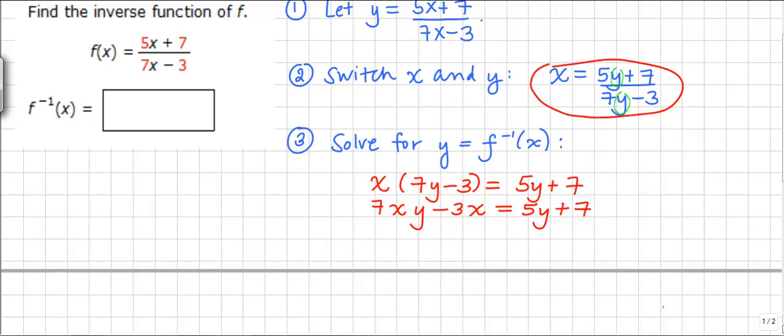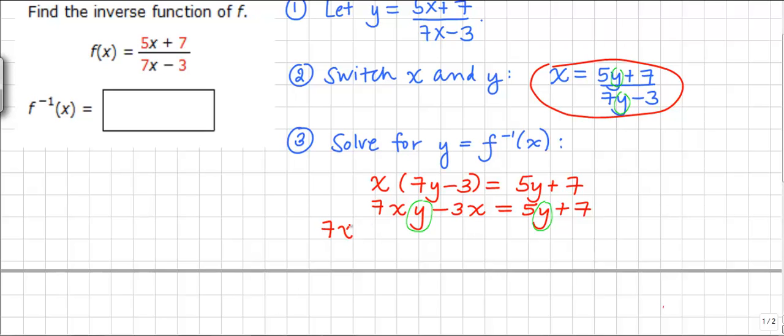Okay, now to know what we're doing, I see that we now have a statement that doesn't have fractions in it, and the y variable is to the first power throughout the equation. So that means it's linear in y.